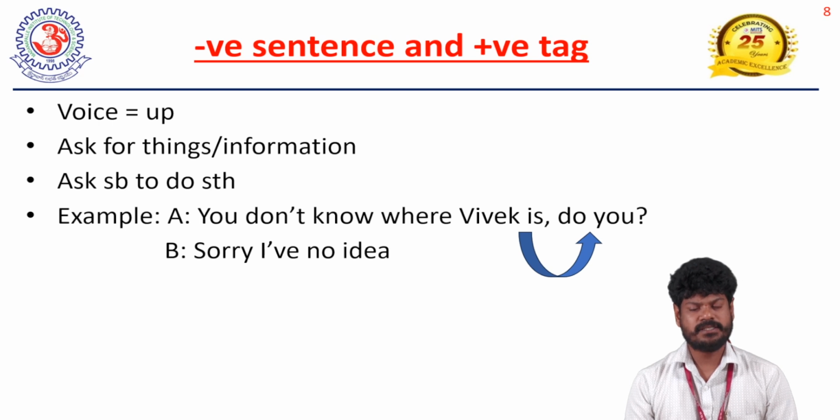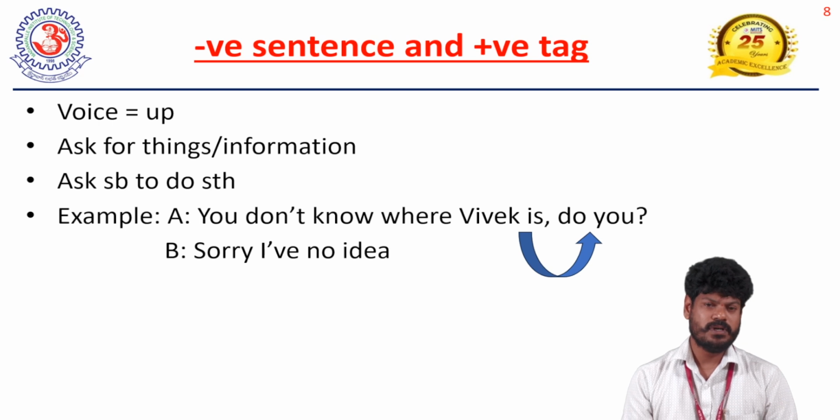In a negative sentence with a positive question tag, when we speak, when our voice goes up, the meaning is that we are asking for some things. We are asking for information. We are asking somebody to do something. Example. You don't know where Vivek is, do you? Sorry, I have no idea.